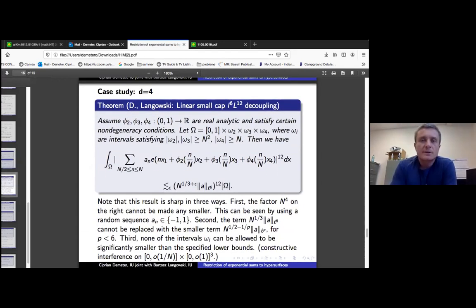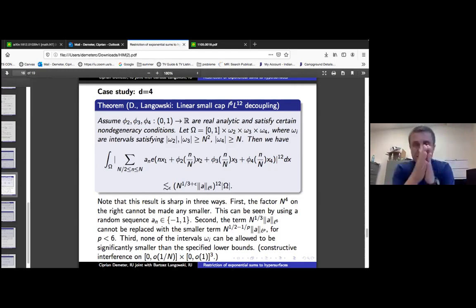And I'll use the last few slides to discuss as a case study the D equals 4 case. So at the heart of our approach for conjecture 3 lies this idea of a small cap decoupling.